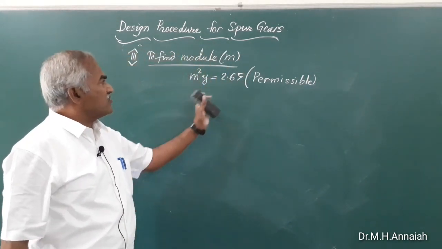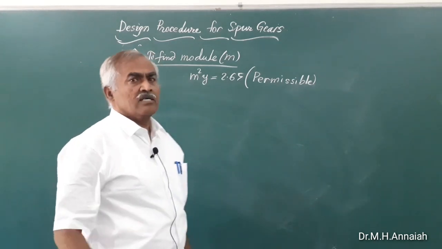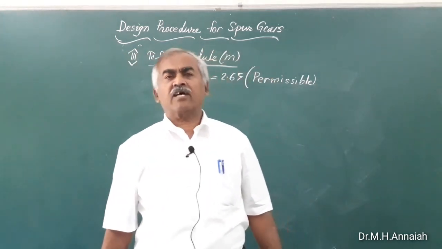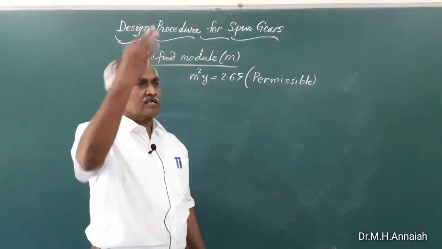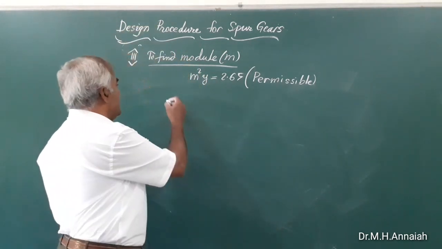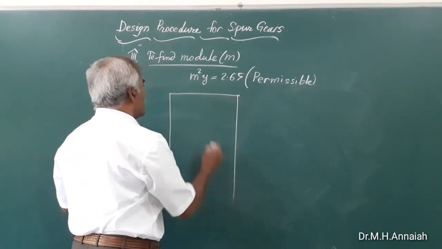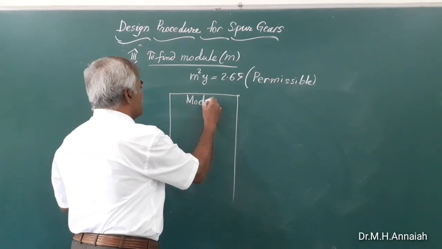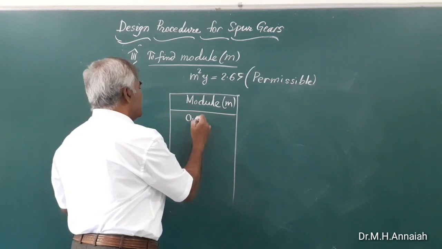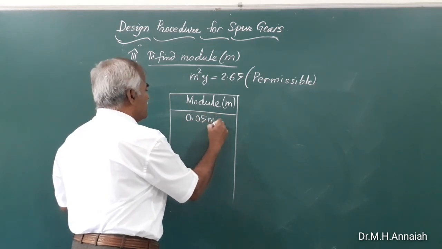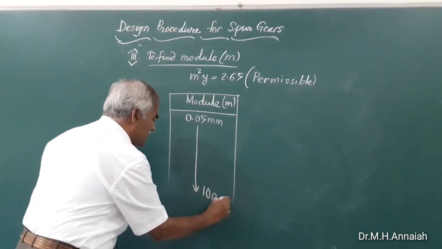Friends, how to arrive at the module now? If you go through the design data handbook, there is mechanical machine design data handbook, under this Spur gear, you will find a big table which gives you the module in millimeter, module m, and it starts from 0.05 mm and goes up to a maximum of 100 mm.